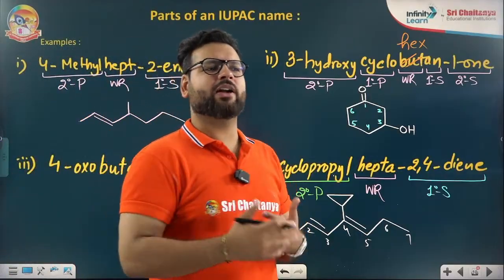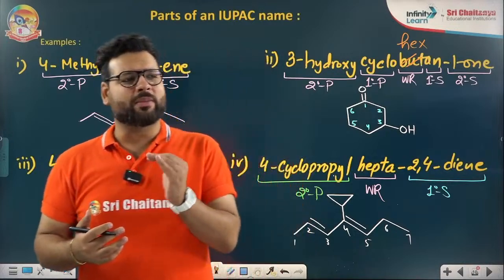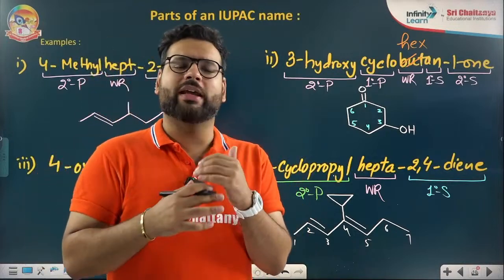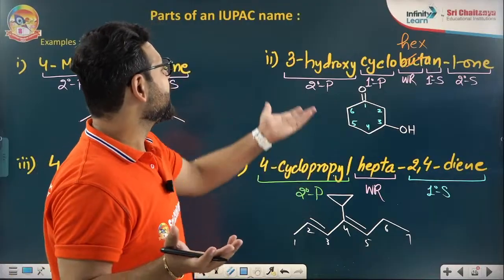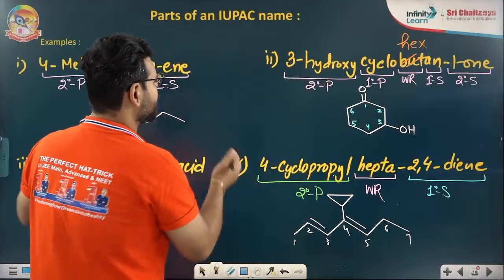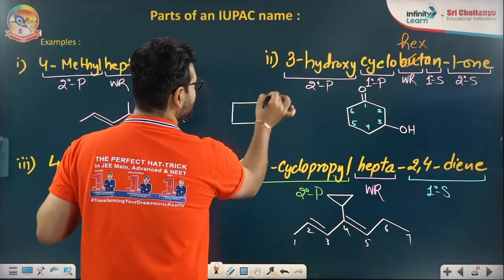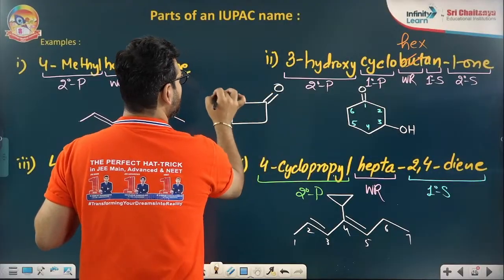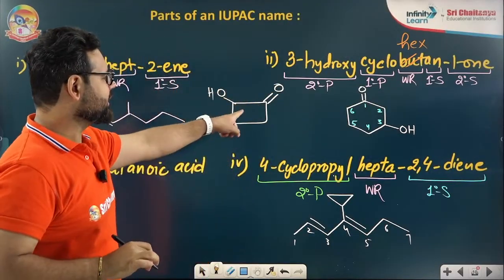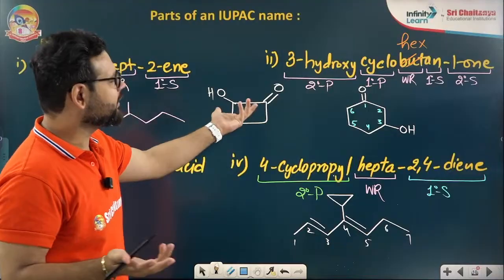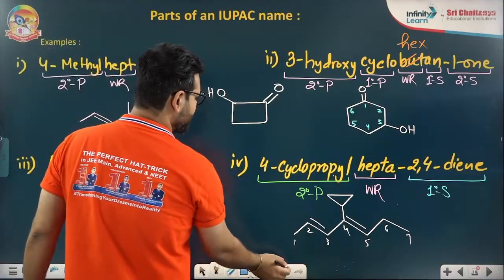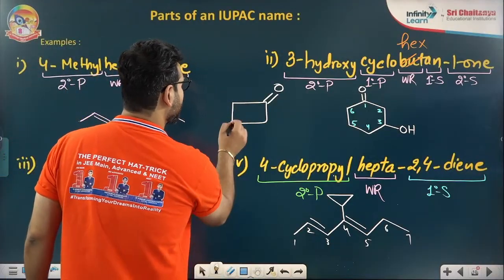Gangam is asking, sir, why not feasible with butane? Beta, I thought the numbering was wrong. There can never be a 3-hydroxycyclobutanone because then it would look like this. 1, 2, 3. Okay, 3. That was also possible. I wrote it correct only.